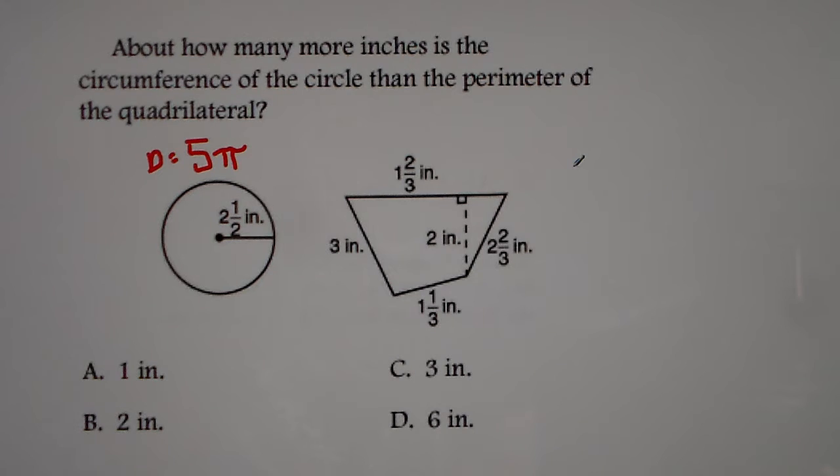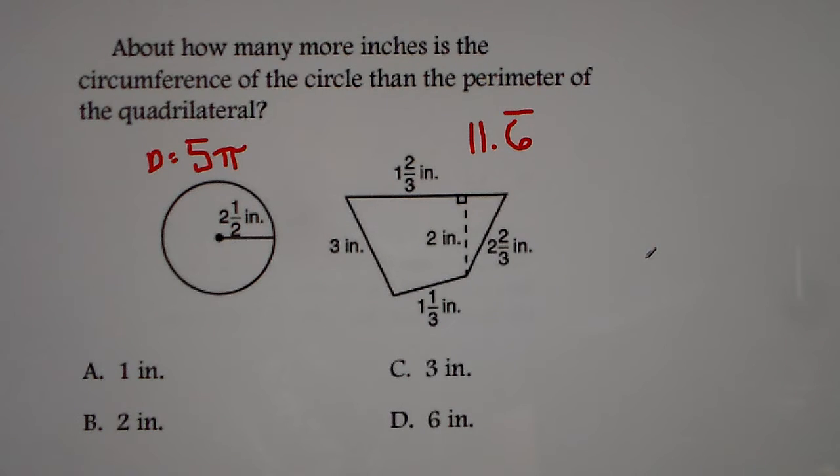Plus the 1 1/3, so 1 point, a whole bunch of 3s, plus 3, which gets you 11.6 bar notation. So 11.6 bar notation is the perimeter for this quadrilateral.